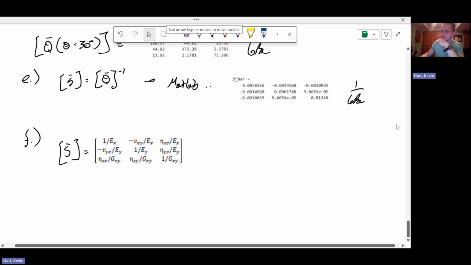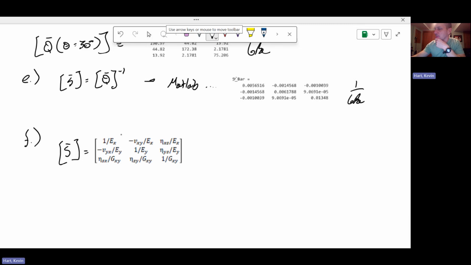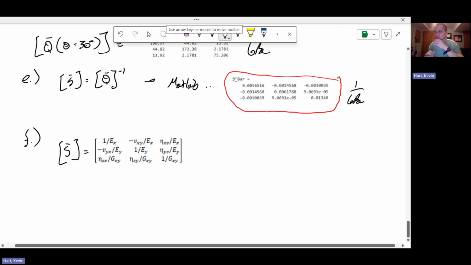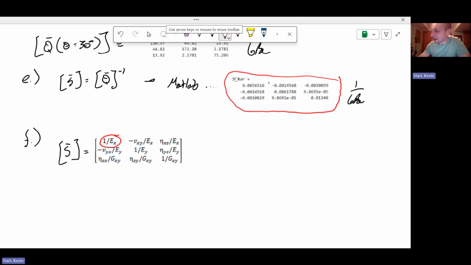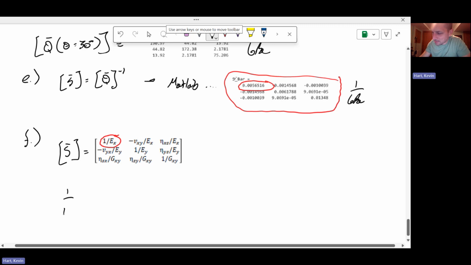Okay, so this is in terms of engineering properties, right? But we already have what S bar is. We know what it is in the rotated coordinate system. It looks like that. So if I want, let's say, EX, I'll just pluck the first entry here and say, 1 on EX is this guy, 0.0056516.